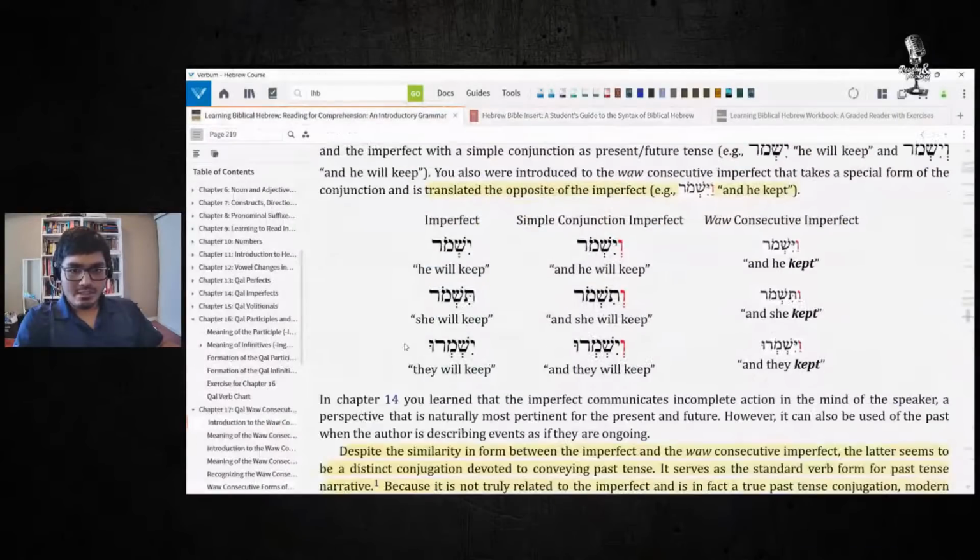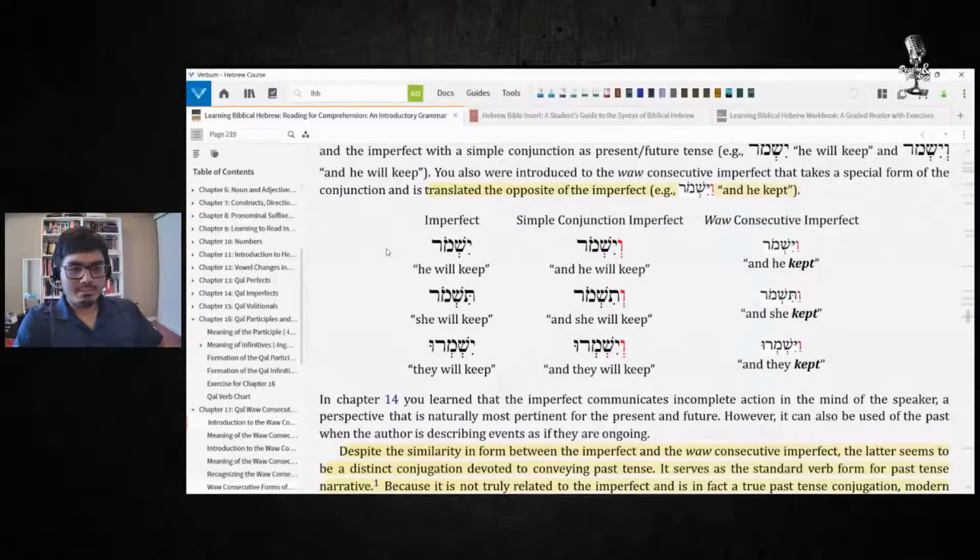So what is the Vayiktol or the vav consecutive imperfect? Basically, you take the imperfect form of the verb and then you add a Vav and a Patach, and then a Dagesh on the first letter of the word. This is different from a simple conjunction imperfect. Yishmor is the example here.